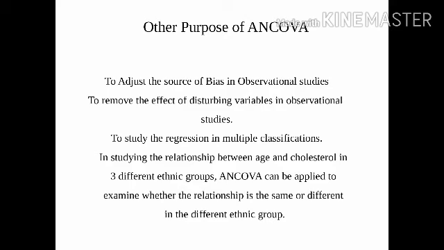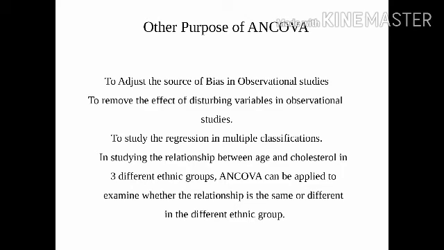For example, in comparing BP values of two groups of patients, if there are age differences between the two groups, and also if it is known that the BP value and age are linearly related, ANCOVA helps us to adjust the possible bias due to age.